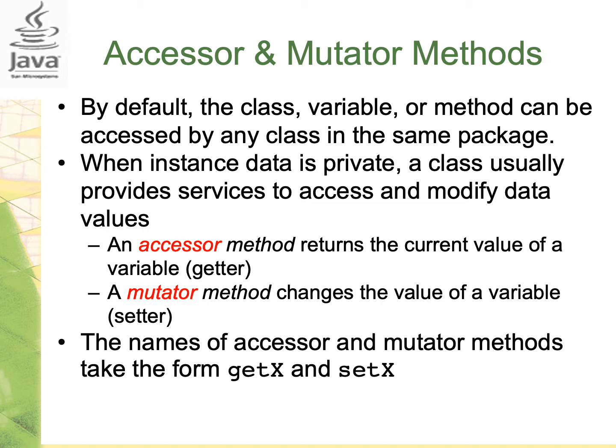Accessor methods are also called getters, as they are used to get the private values. A mutator method changes the value of a variable. It is also called a setter, as it can set the private values. The names of accessor and mutator methods take the form of getX and setX respectively, where X is the name of the value.